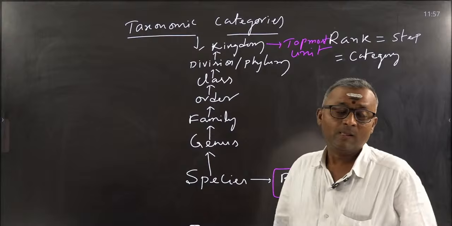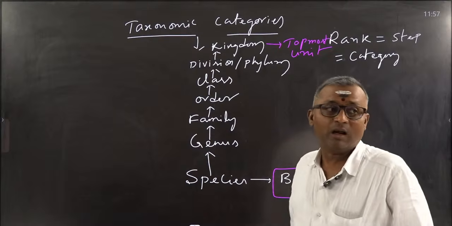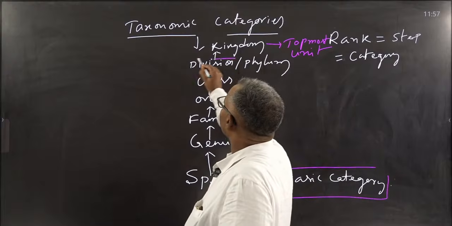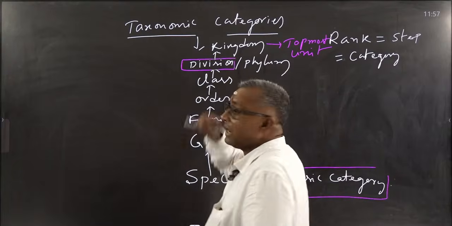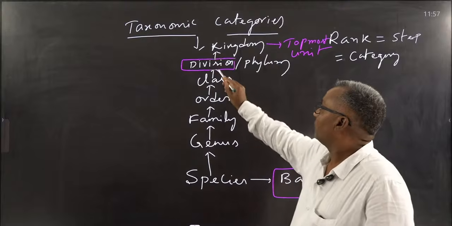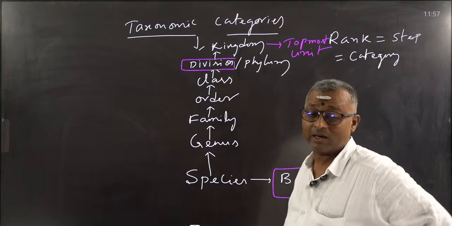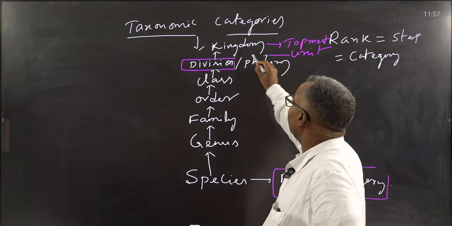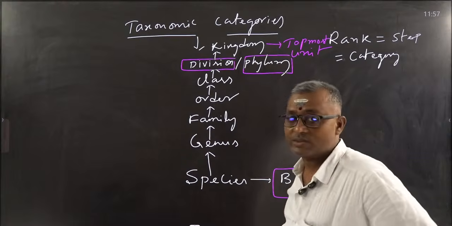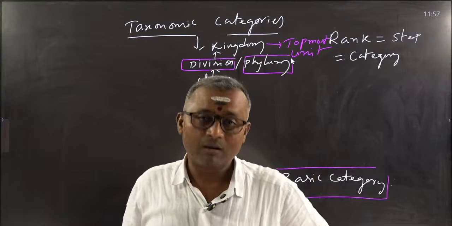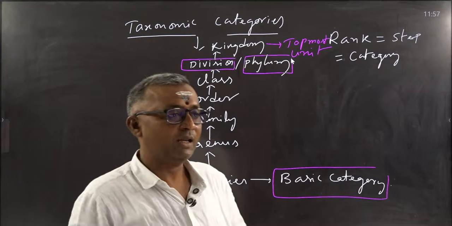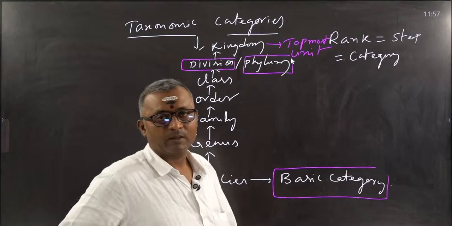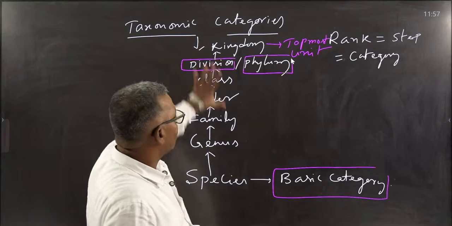Now here, one more important thing that you need to remember is that in case of plant classification, we use a category called division, whereas in animal classification, we use a category called phyla or phylum. Phylum is singular, phyla plural. Understood? These are the various categories.